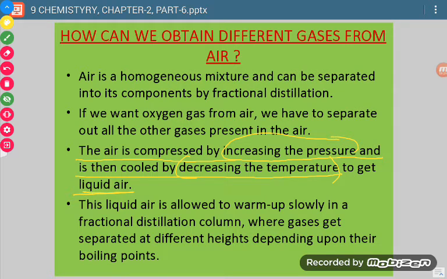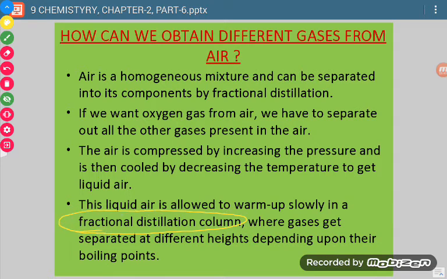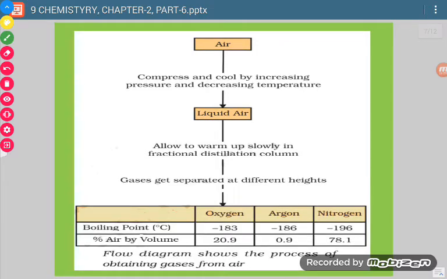Now we have got our air in the form of liquid, so all the components of air have changed into the liquid state, with different components in different proportions. Now we will apply fractional distillation. We will keep heating this liquid air, and with the increase in temperature, different components will come out. This way we can separate the different components of air by the use of fractional distillation.